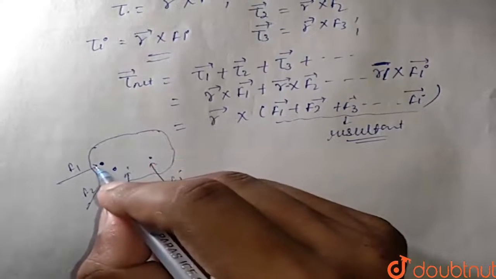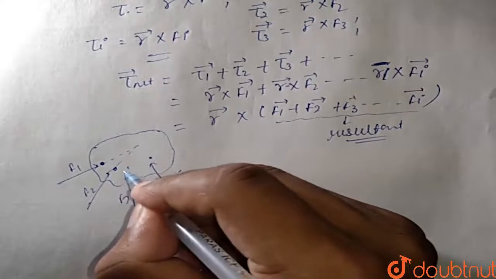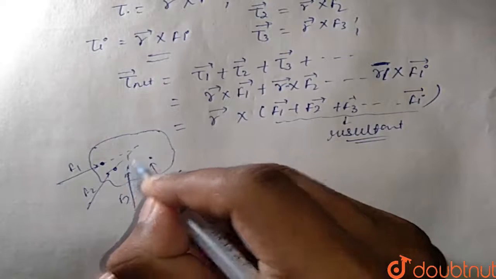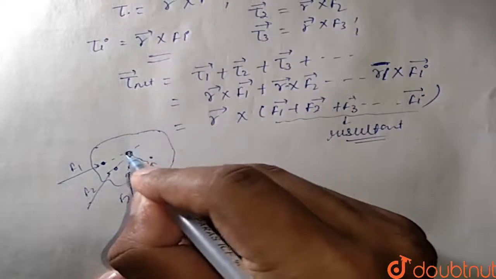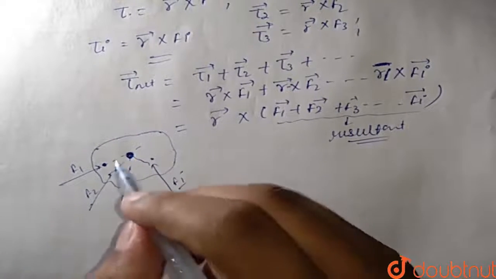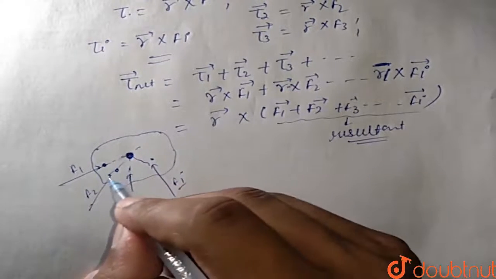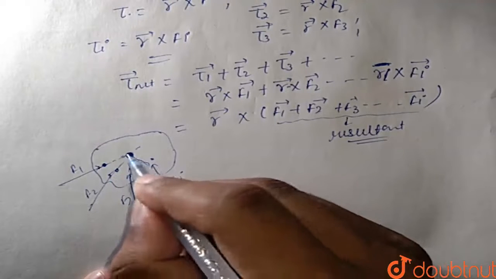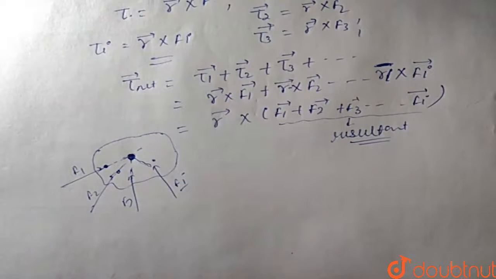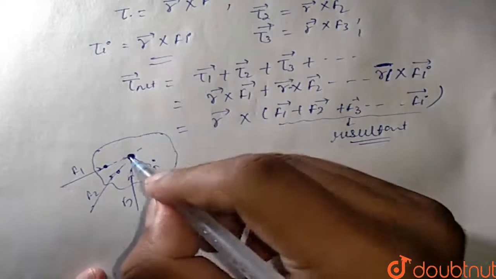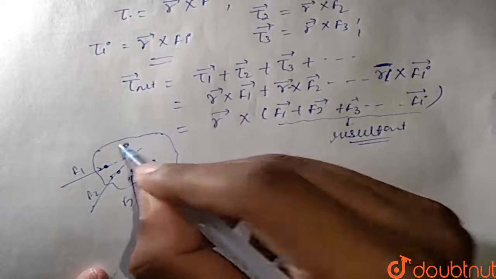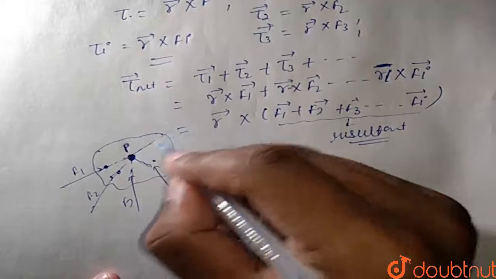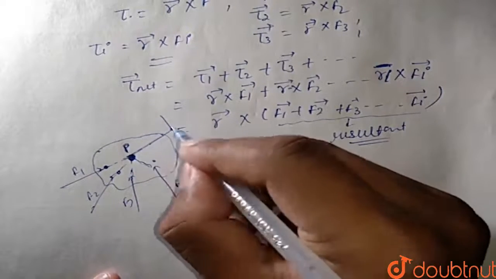But what is common is that the lines of force all meet at the same point. Let's suppose this is our common point P and this is our axis of rotation.